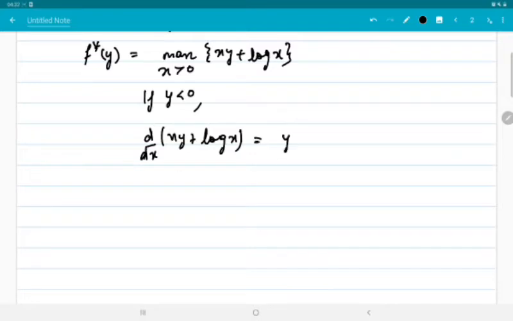So which is y plus 1 over x equal to 0. So x comes out to be minus 1 over y.